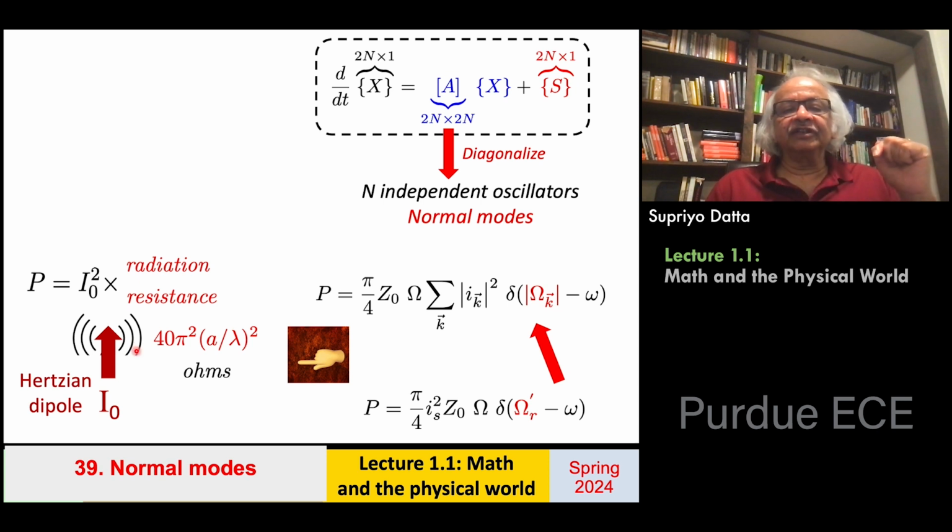But here I'm just using the example to show you the power of this normal mode approach: as long as you understand one oscillator, you can view this complicated thing, electromagnetic waves radiating out in space, as just power delivered to lots of independent oscillators, and you can sum it up to get the correct answer.